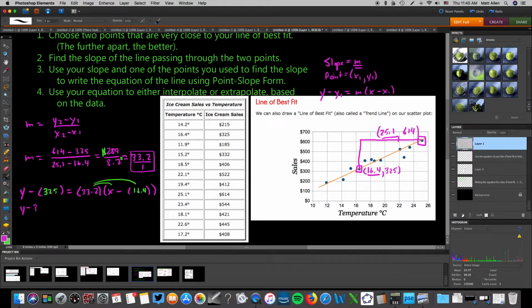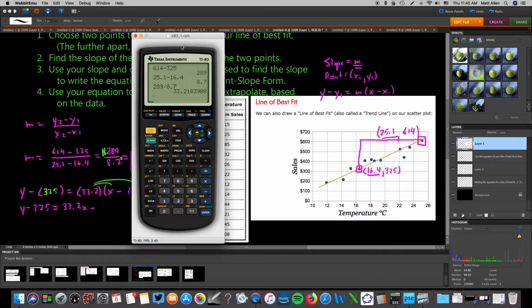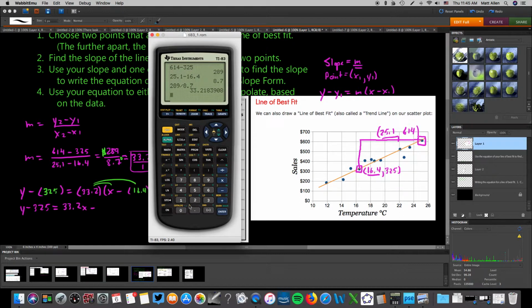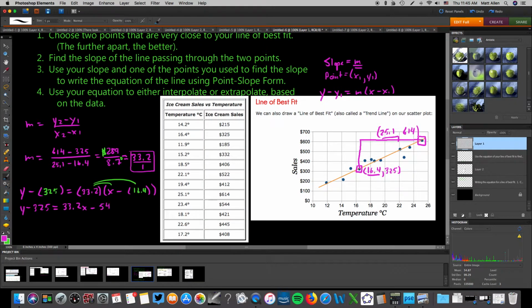So we get y minus 325 is equal to 33.2-ish x minus, and here's where we're going to have to use a calculator. Suppose we take 33.2-ish times 16.4. And we know that we're multiplying a positive times a negative, so this will be negative, but 544.48, we get minus 544.48.